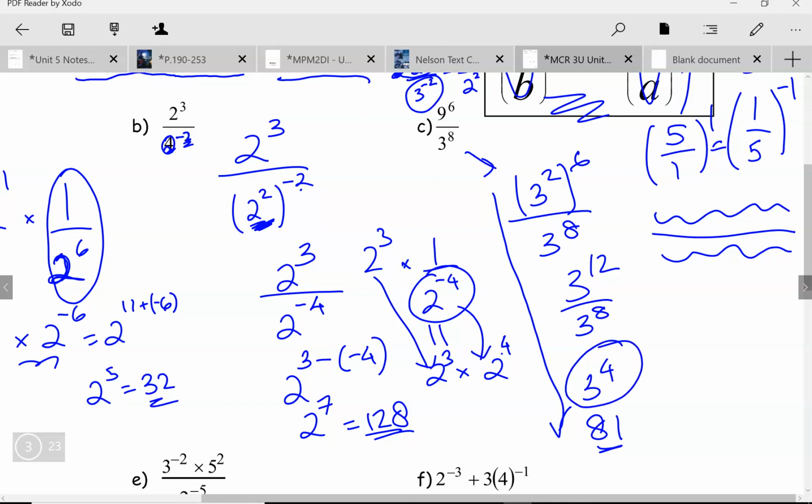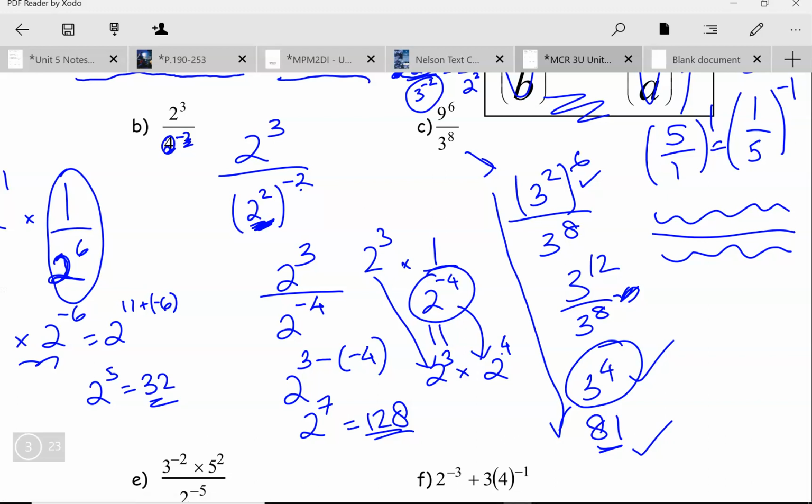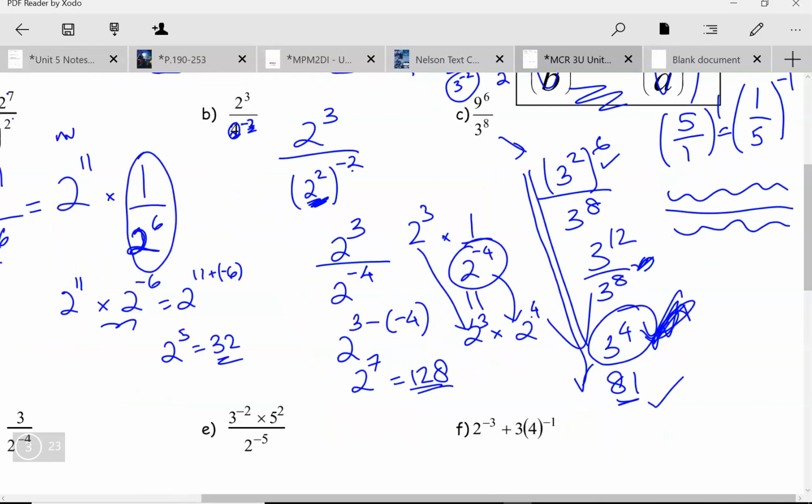This will give you like half a mark here or 1 mark there, probably 1 mark for this, and then 1 mark for your final answer. So this is probably worth only 1 or 2 marks in total. I don't know how the marking scheme works, but essentially you have to show the simplification is what I'm getting to.